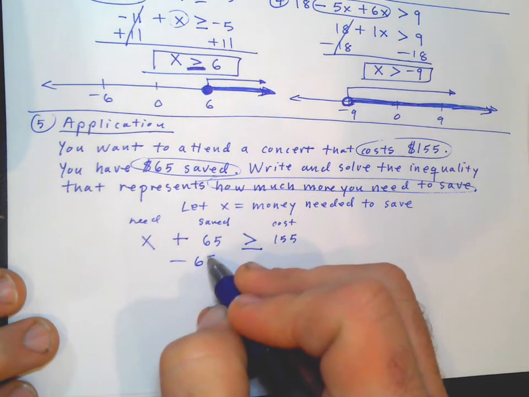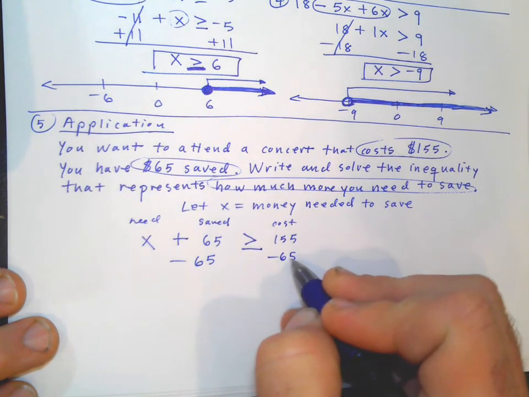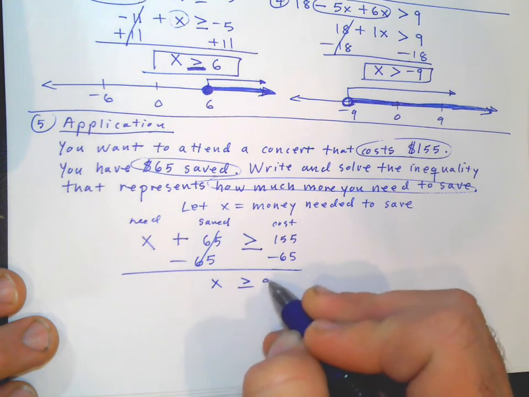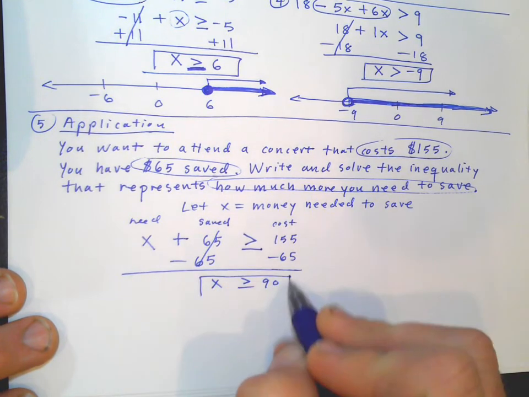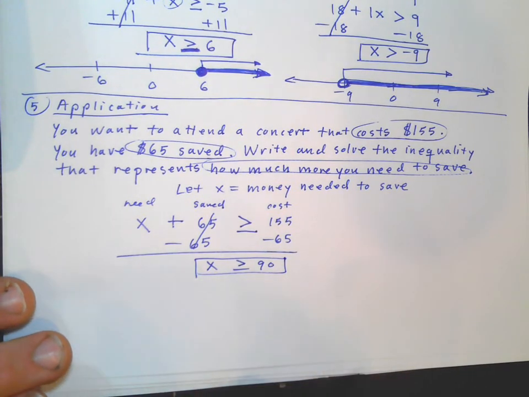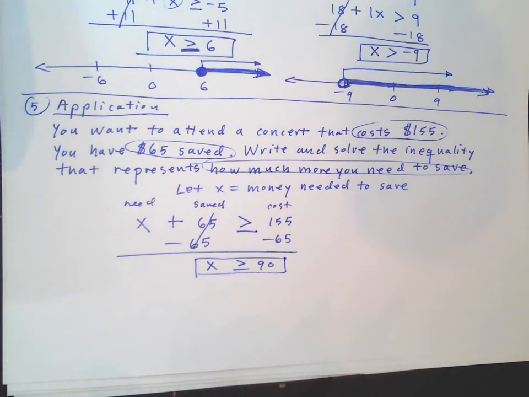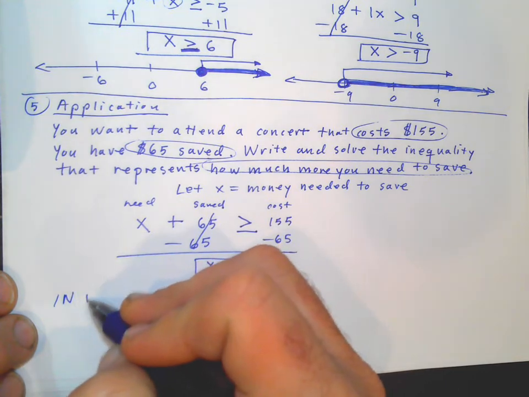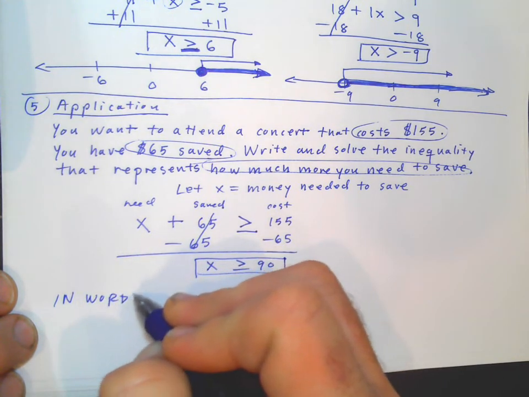So we're going to subtract 65 from both sides. Now you could be like, oh, well, there's my answer. But remember, x is something I made up. You could use a different letter, it can mean a different thing. Word problems, you should write your answers in words. Okay? So we need to write it in words.